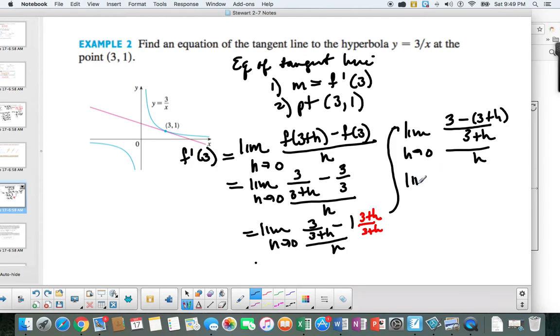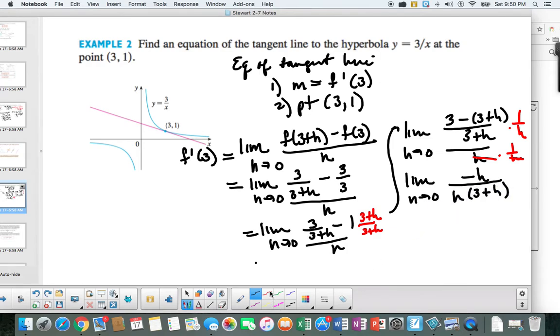And then that becomes the limit as h approaches 0 of negative h, and then remember that I can multiply numerator and denominator by 1 over h, so there's a little reducing, and then these two become my denominator, so this is going to be h times 3 plus h.